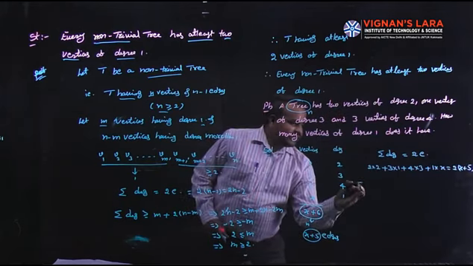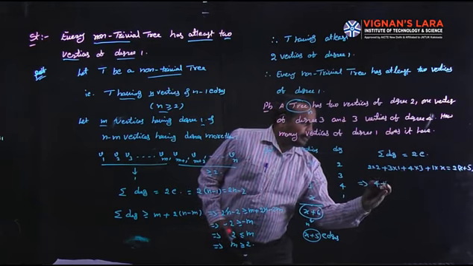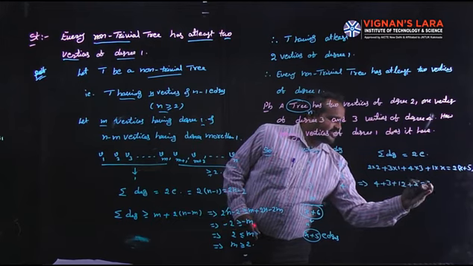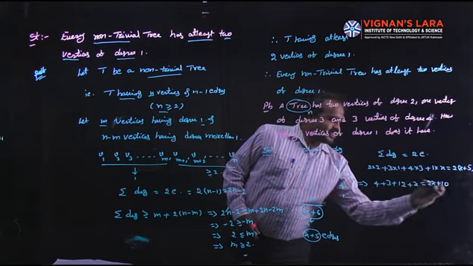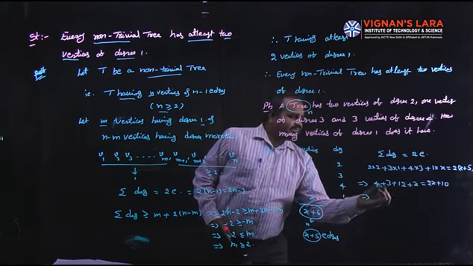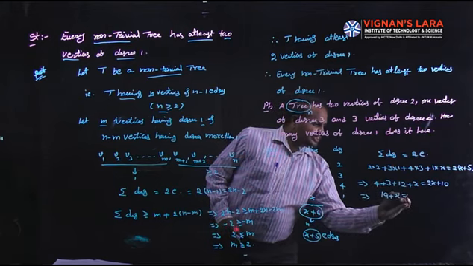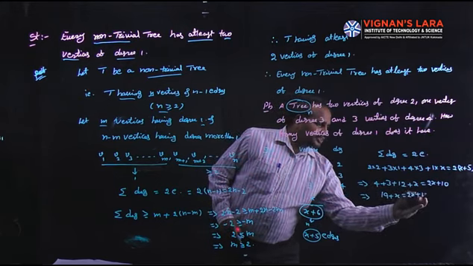That implies 4 plus 3 plus 12 plus x is equal to 2x plus 10, which implies 19 plus x is equal to x plus 10.